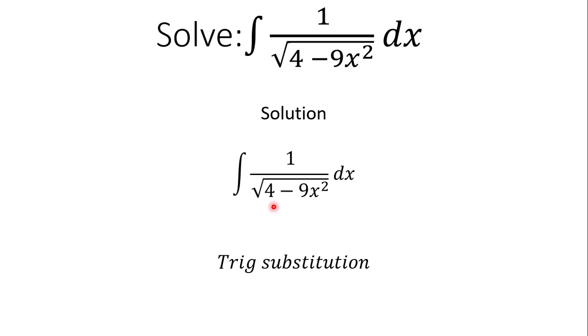So on the triangle, we will not be seeing this and this, but rather we're going to see 2 and 3x, and then we apply the Pythagoras theorem, which will give us what? What is here? So let's draw the triangle and see what will happen.